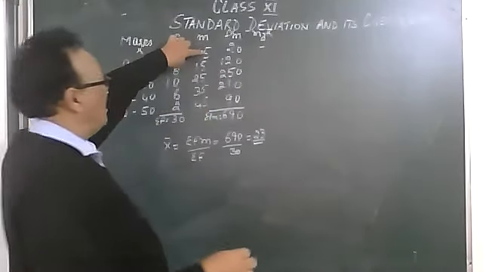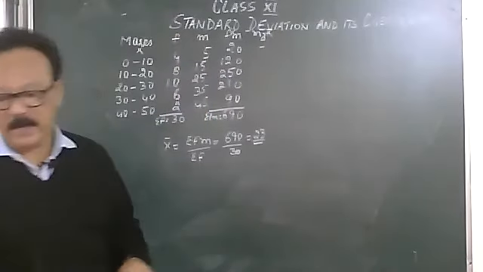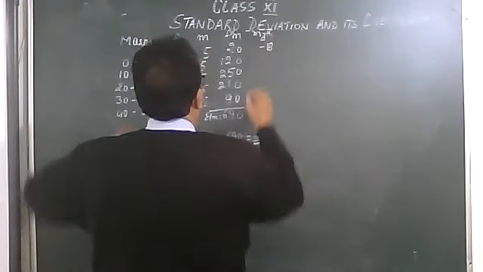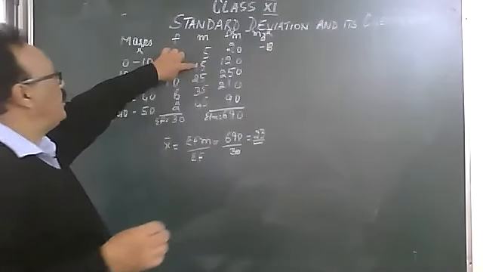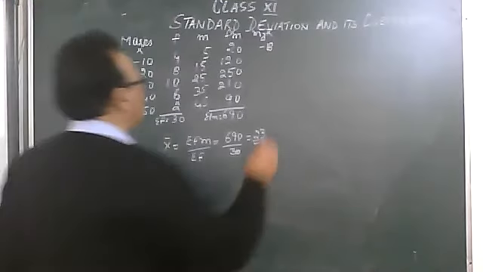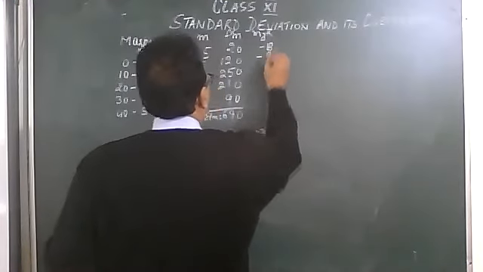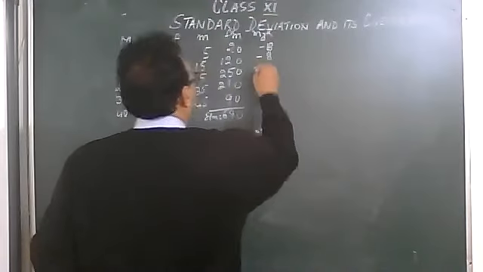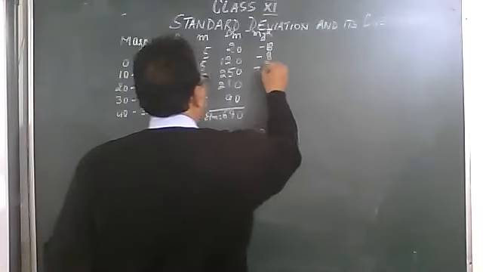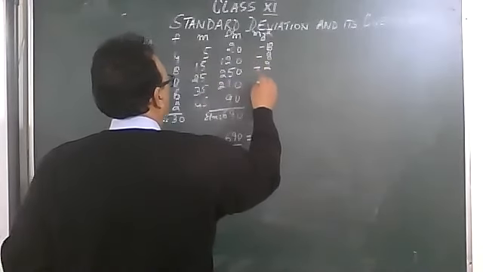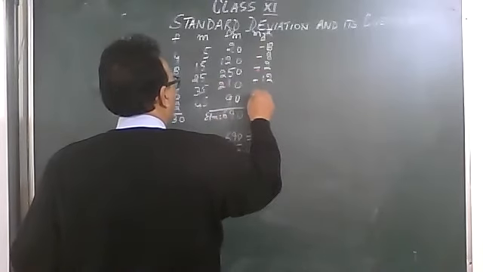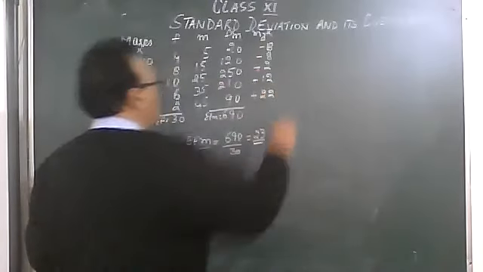So 5 minus 23 will give you minus 18. 15 minus 23 will give you minus 8. 25 minus 23 is plus 2. 35 minus 23 is plus 12. 45 minus 23 is plus 22.